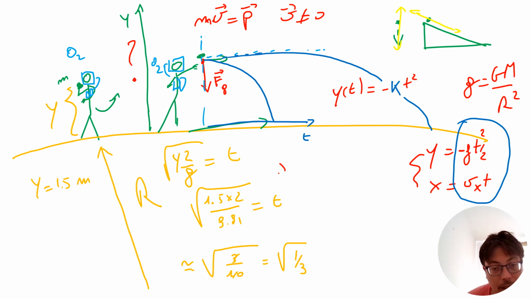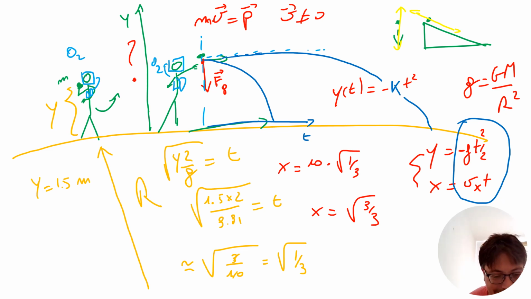So x is 10 meters per second times the time, which is the square root of 1 over 3.